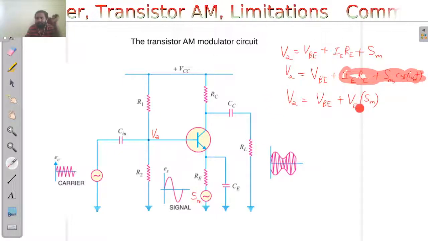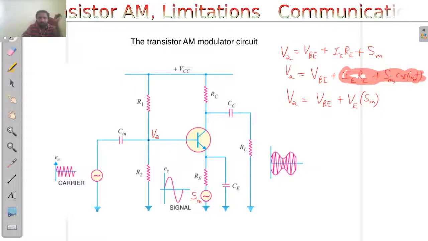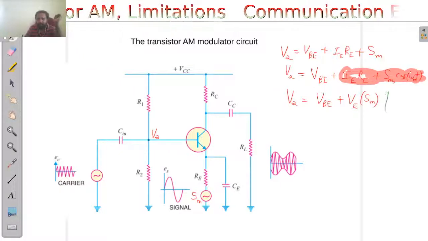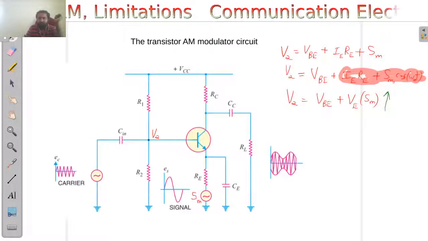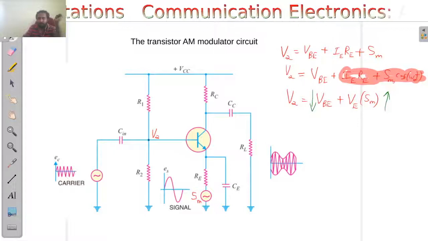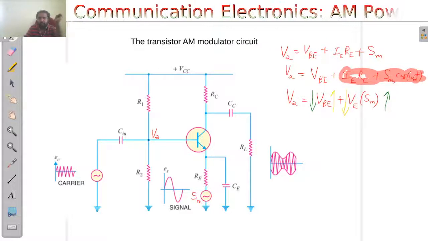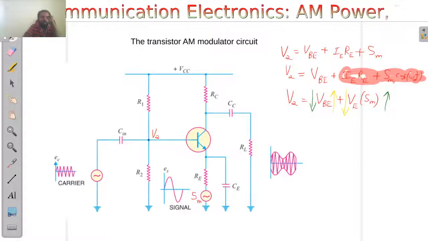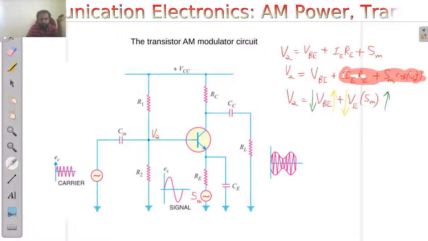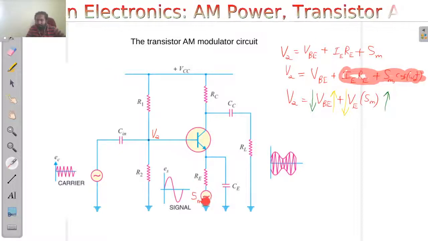And whenever this voltage decreases, VBE will increase. So the base emitter voltage is being modulated by this message signal SM.